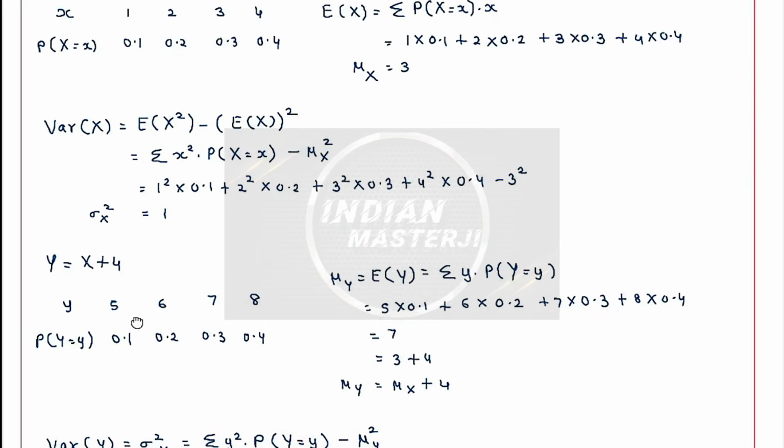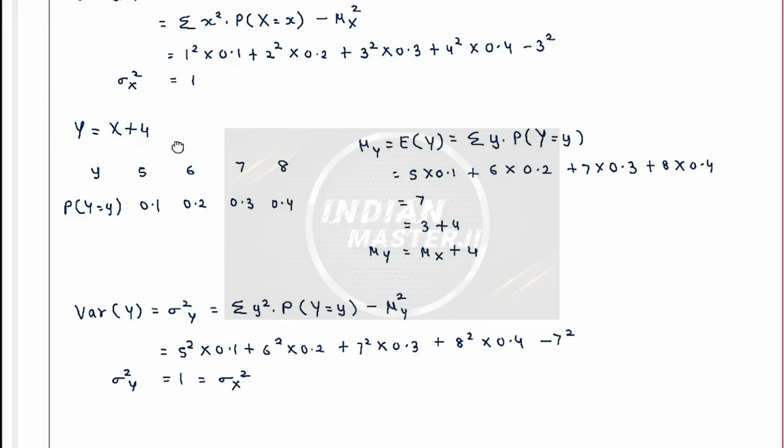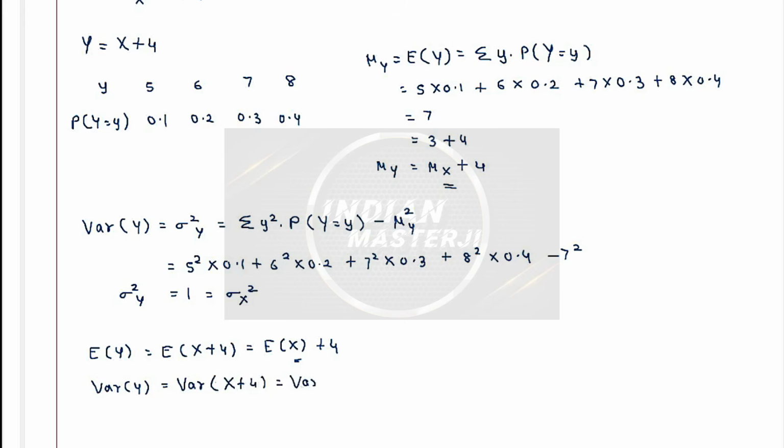So that means if I am adding 4 to the value of x, then I get this particular relationship, that the expectance of y, which is nothing but expectance of x plus 4, becomes equal to expectance of x plus 4, as you can see here, correct? And the variance of y, which is nothing but variance of x plus 4, becomes equal to variance of x.